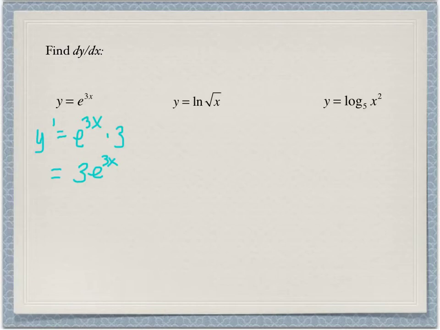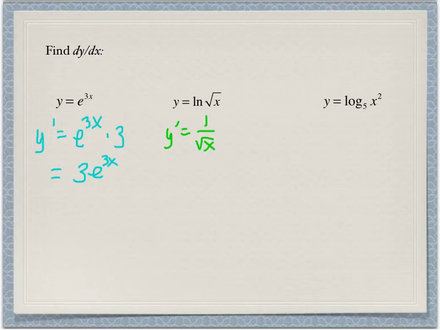All right, next one is the ln of the square root of x. So let's take a look at this one. Now, anytime we have that ln, that natural logarithm, you might remember that it's going to be 1 over whatever that thing is. So 1 over the square root of x. But now we have to find the derivative of this expression.